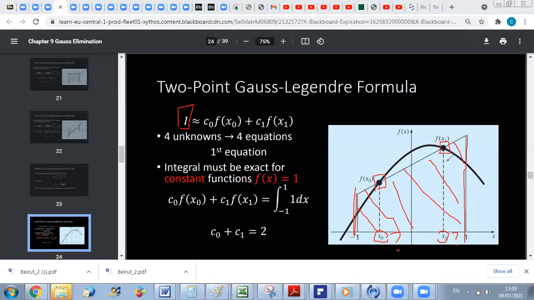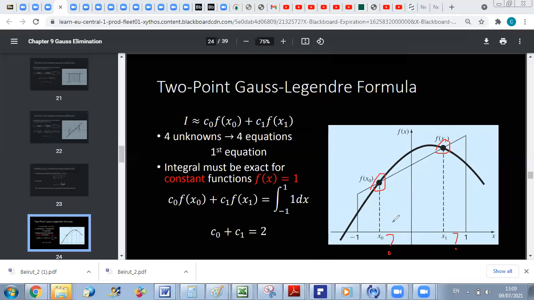Because already the trapezoidal rule, when I take the points at the end, will be able to give me the exact value for constant function and for linear function. But it will not be able to give me the true value for a quadratic function or a cubic function. I will have an error. If I don't want to have an error, I should select points at a certain position that is different from the ends. And the objective here is to develop a method to know what these positions are.